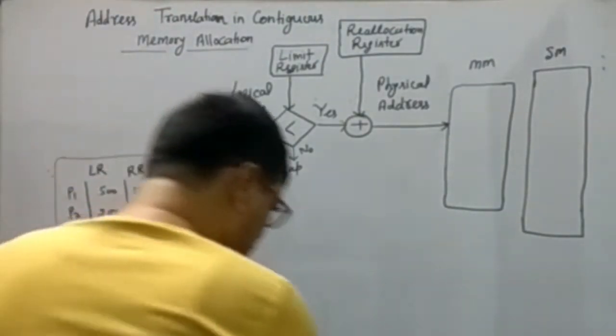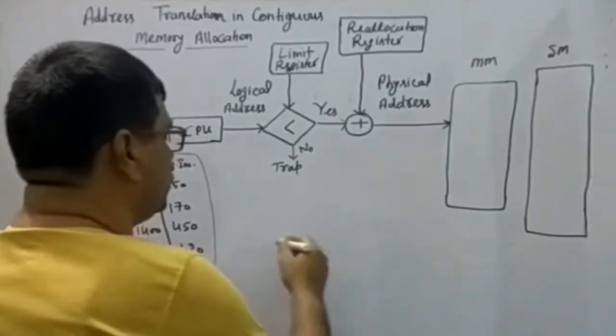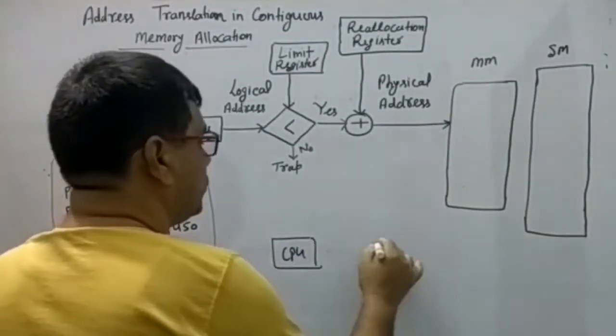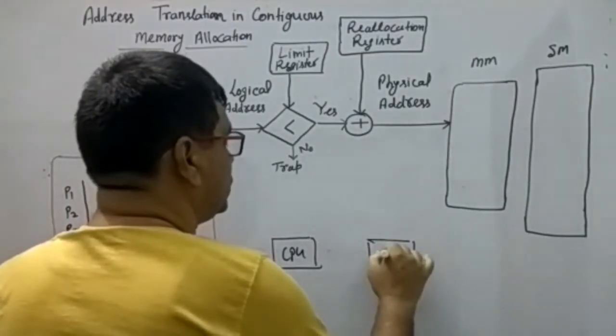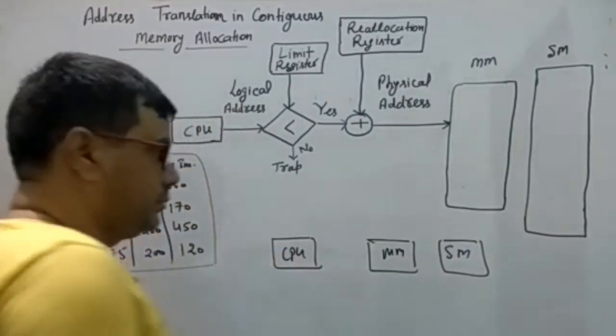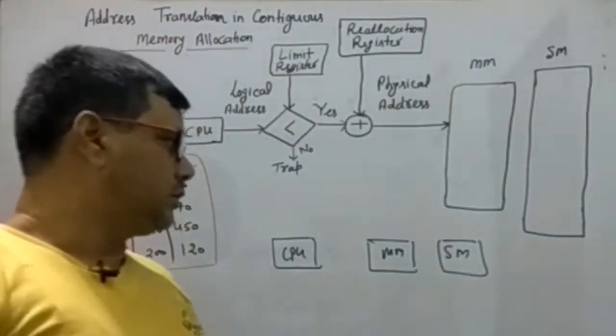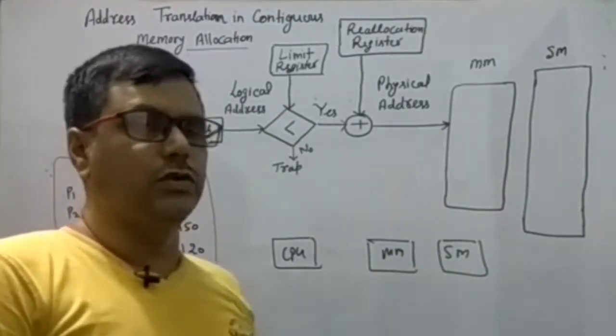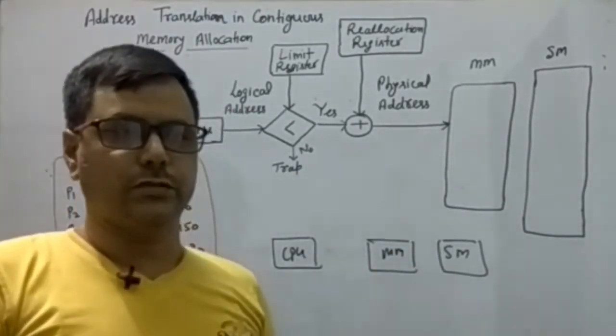So as we know, we have the CPU, the main memory and the secondary memory. The secondary memory is much larger than the main memory, and it holds all the programs or processes.